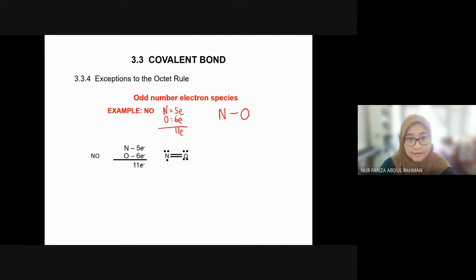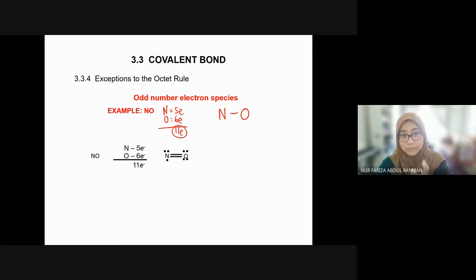Normally we would get an even number here. Even if it is an ion, we would total or subtract based on the charge. But here there's no charge to subtract or add. So it is indeed 11 electrons, which is strange. So here we can tell it is an odd number electron species.